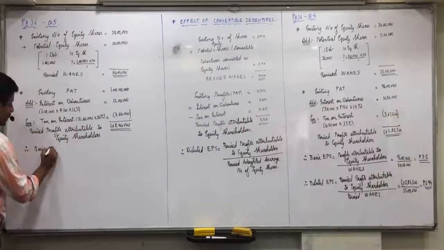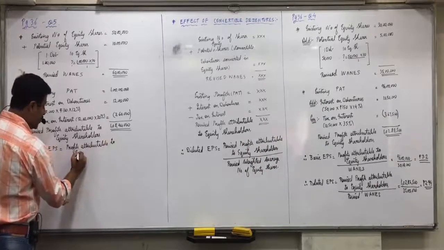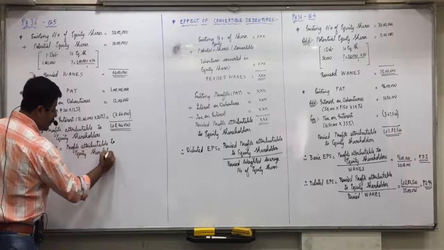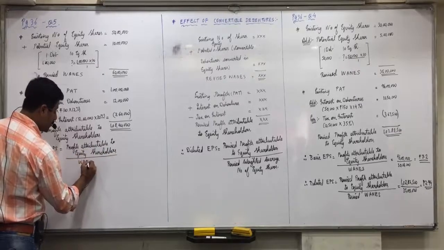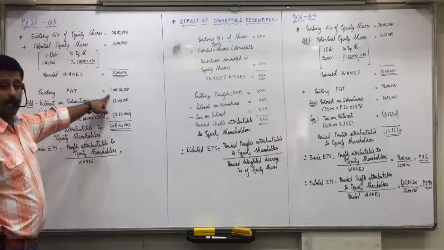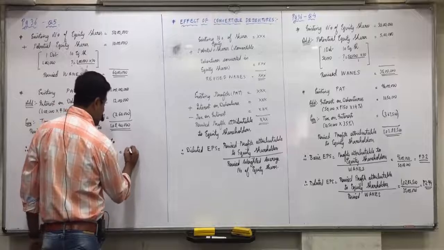Next, therefore basic EPS is equal to profits attributable to equity shareholders divided by shares. Existing profits are 1 crore divided by existing shares 50 lakhs, so 2 rupees.